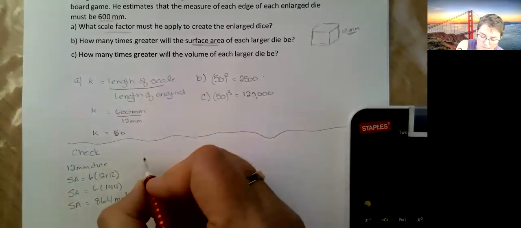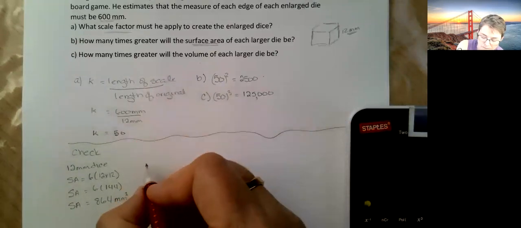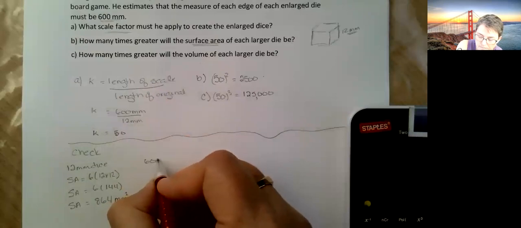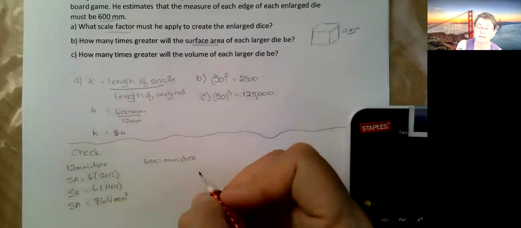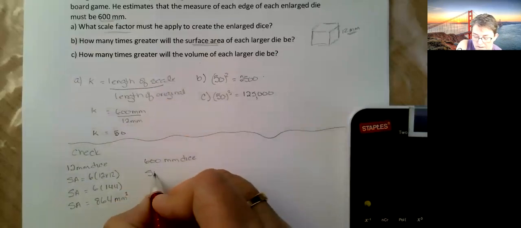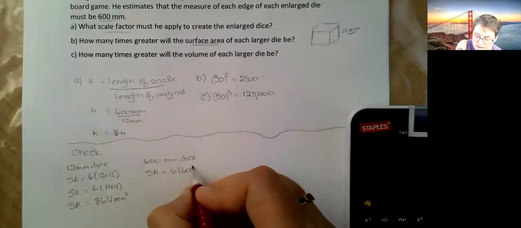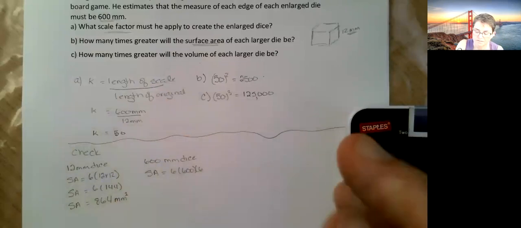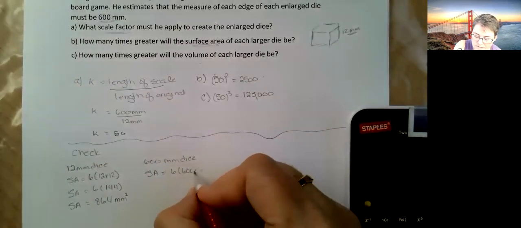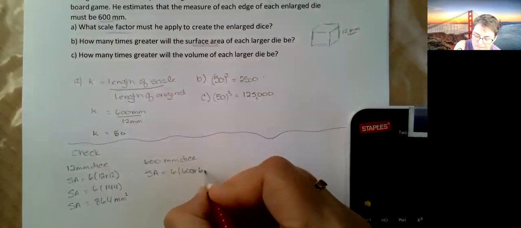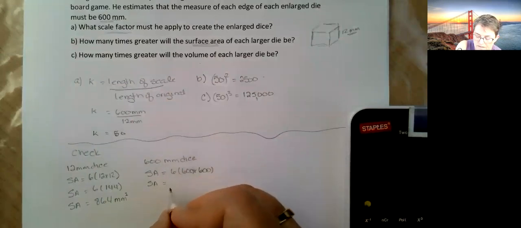Now, let's do the 600 millimeter. And I think we'll do exactly the same calculation. Let's do the surface area. There are still 6 faces.